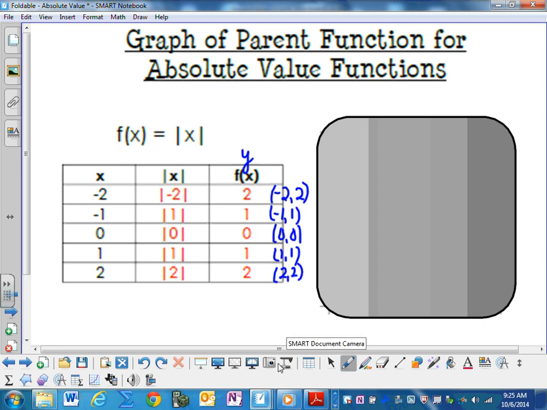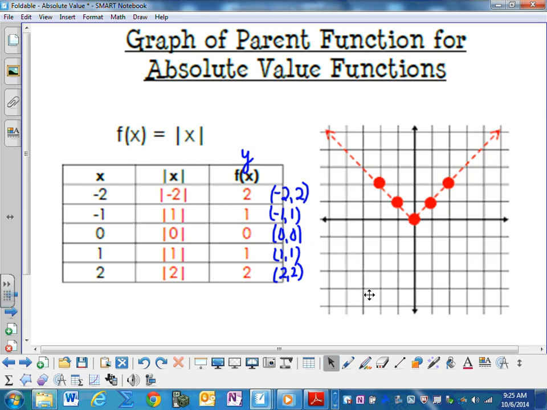So go ahead and graph those and connect them because it is a function. The graph should look like that. So the graph of an absolute value function is a V shape.